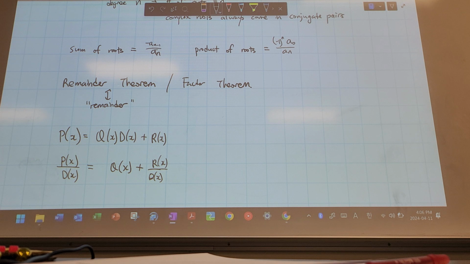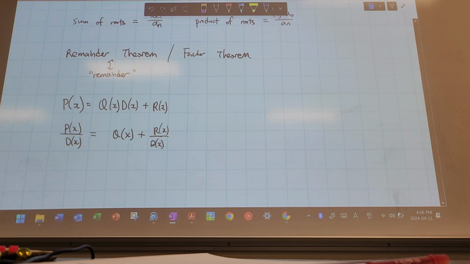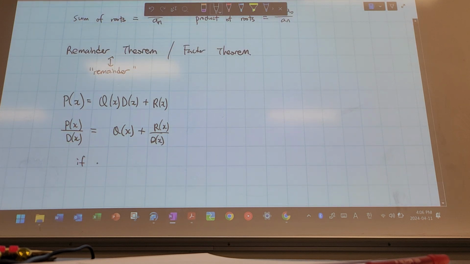So if d of a is 0, then q of a times d of a is also 0, and p of a is just equal to r, the remainder. So you can find the remainder easily.